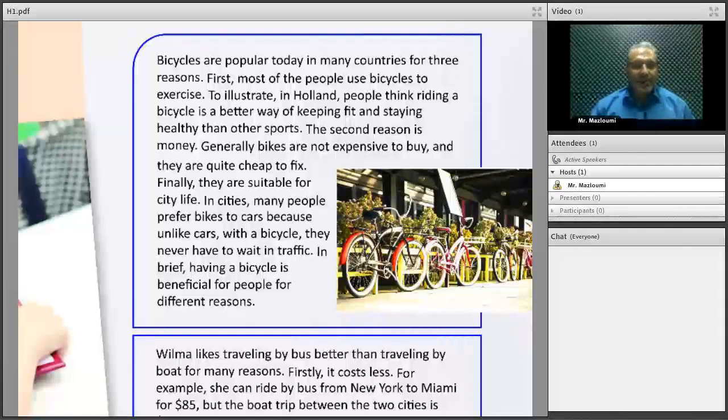You see, it is clear, easy to understand. First, most of the people use bicycles to exercise. To illustrate, to explain, to show, in Holland, in the Netherlands, people think riding a bicycle is a better way of keeping fit and staying healthy than other sports.